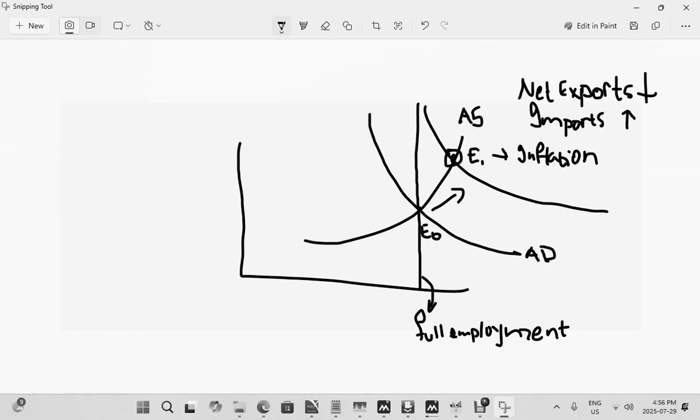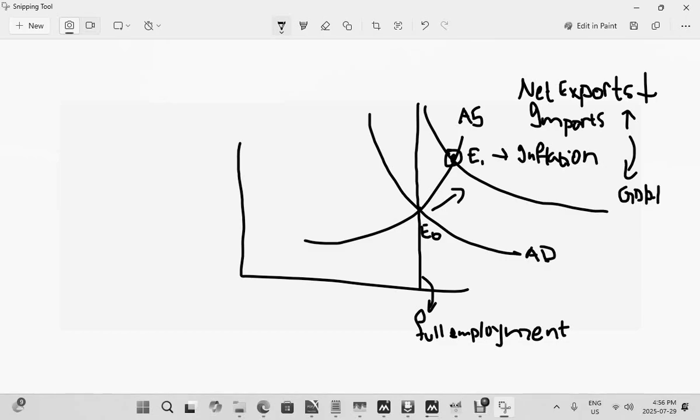And when your imports go up, your GDP shrinks, your economy shrinks. The reason is that net exports make up a big chunk of your GDP in some countries. Which means if imports go up and exports stay at a fixed amount, then your net GDP will go down.